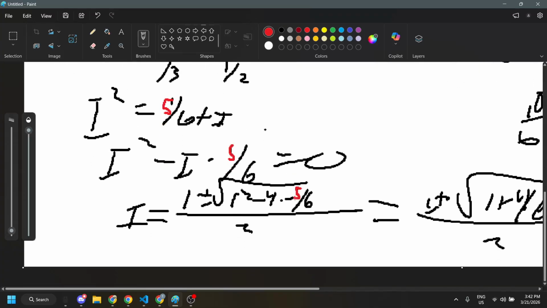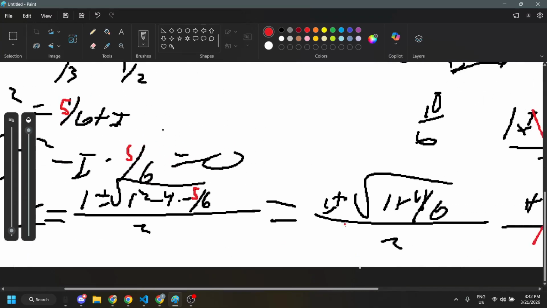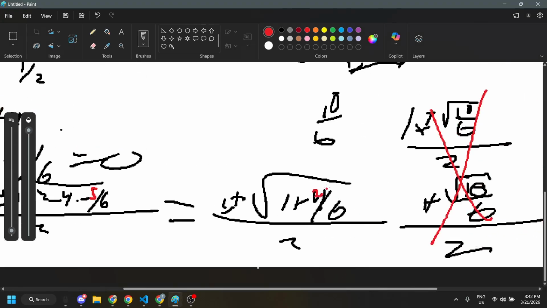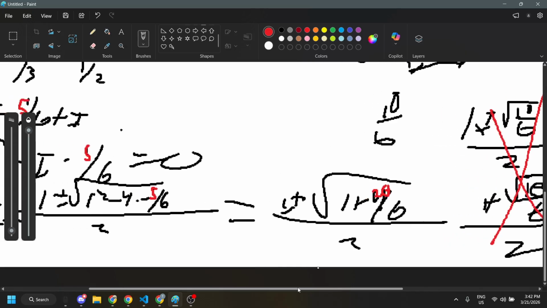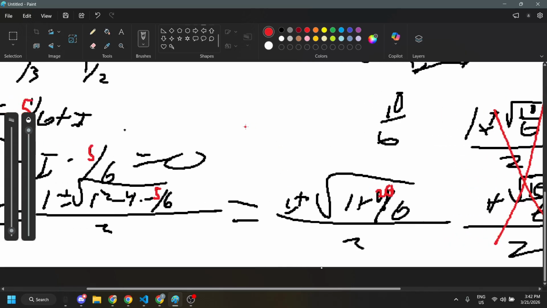So this should be 5. So then plus 26. So 1 plus 20 over 6 is 26 over 6, which is greater than 4.